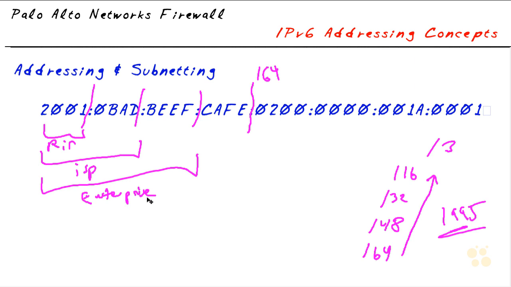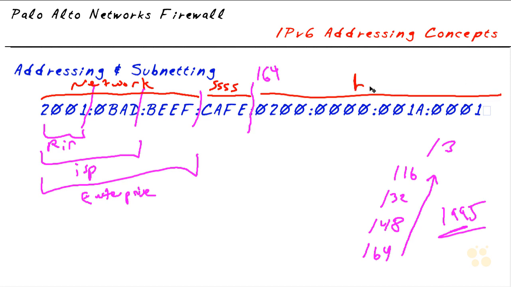So at my enterprise level, my company gets a /48, which means these bits right here are all N bits, or network bits. These bits are subnet bits. And then these bits right here are host bits.